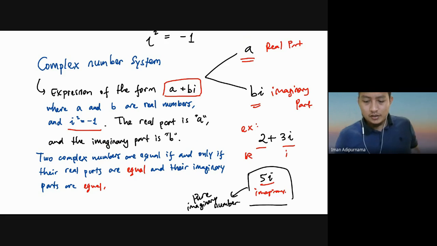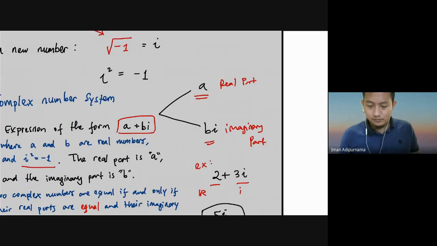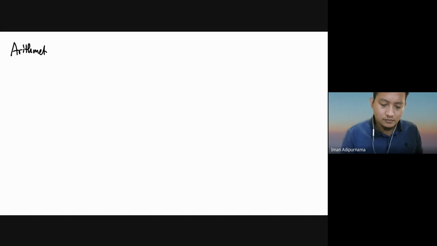Okay, let me continue a little bit about some operations in a complex system. We can have arithmetic operations on a complex number.